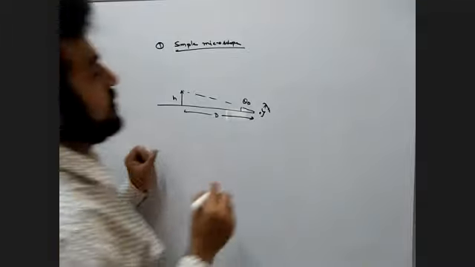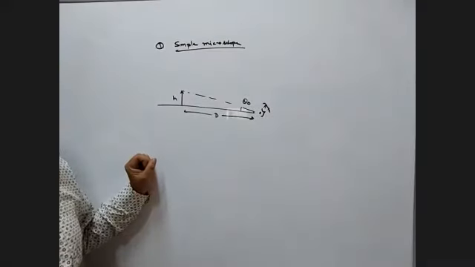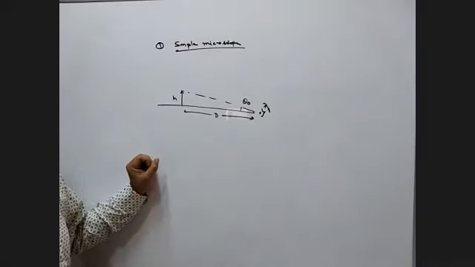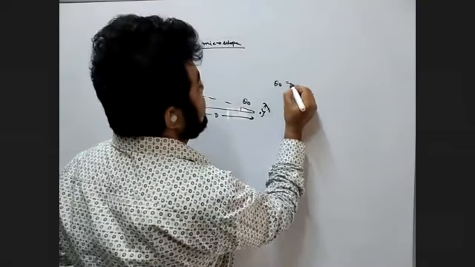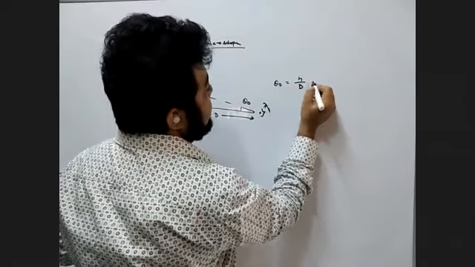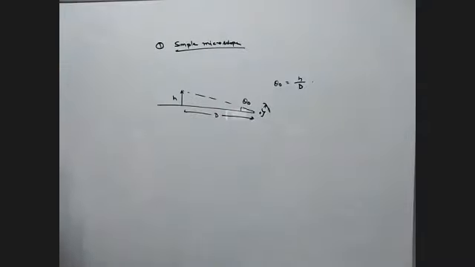So theta naught is h by d. That is the maximum angle by the normal human eye.